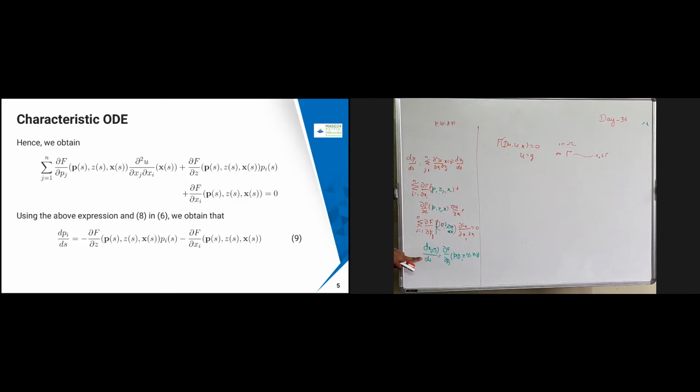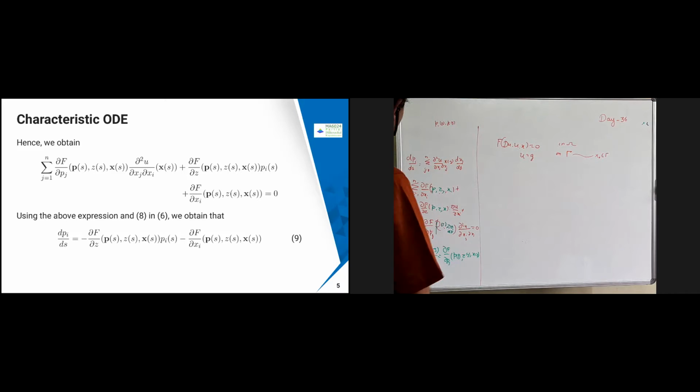Now, if you compare this, this term dxj by ds into dou square u by dou x is nothing but dou f by dou p, z of s and x of s. If I replace this over here, I'm going to get dpi by ds.